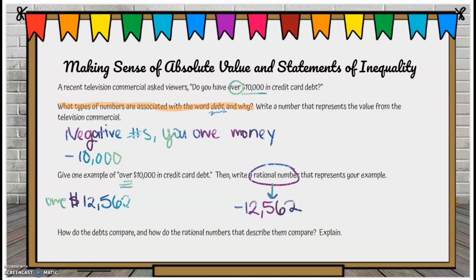The last question says, how do the debts compare, and how do the rational numbers that describe them compare, and explain? So I know that if I owe $12,562, that's more than $10,000.